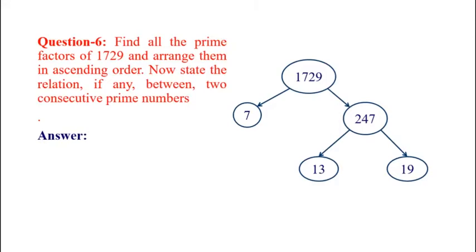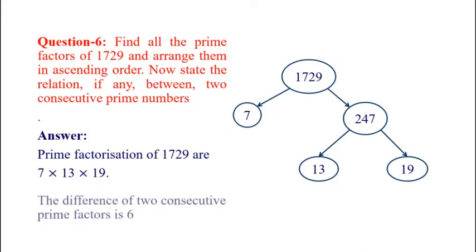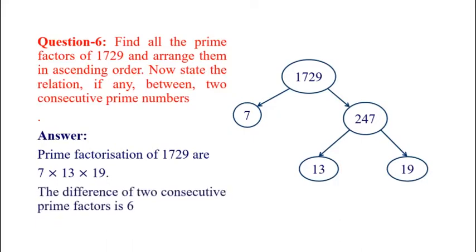Again 247 can be factorized into 13 into 19. So, the prime factorization of 1729 is 7 into 13 into 19. So, the difference of two consecutive prime factors is 6.